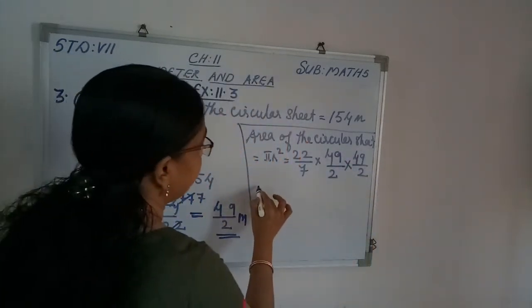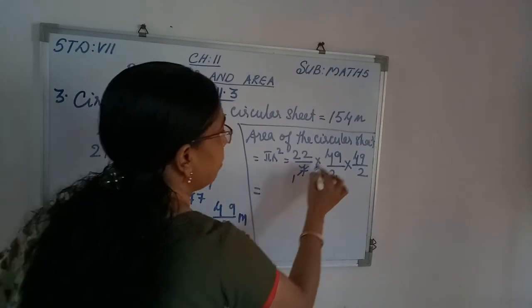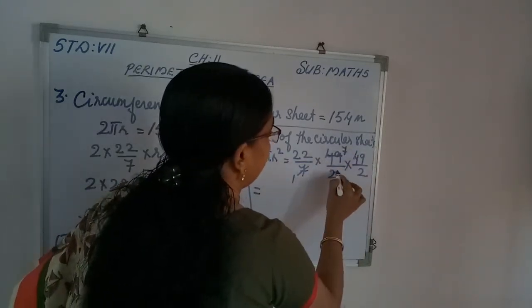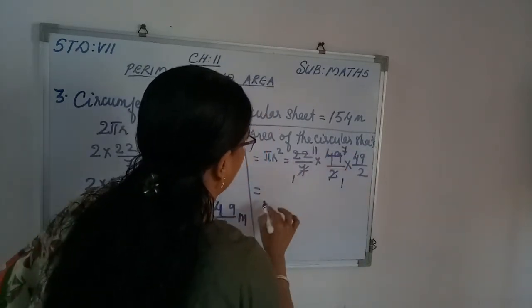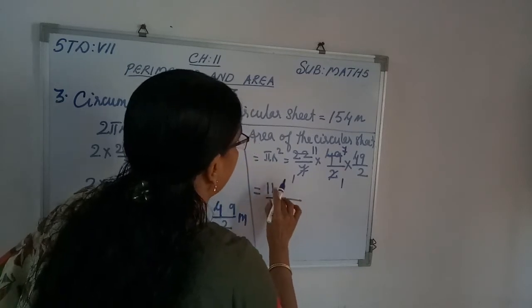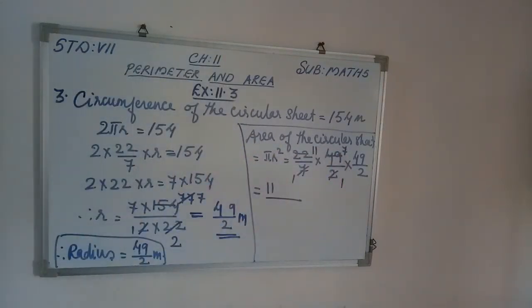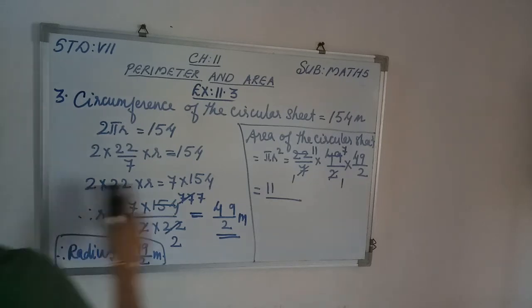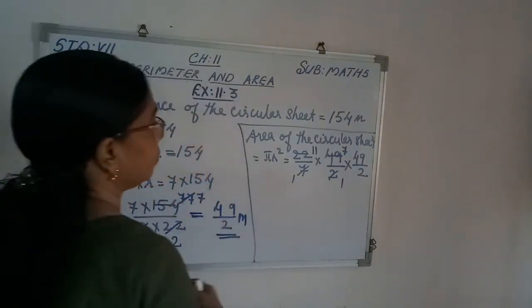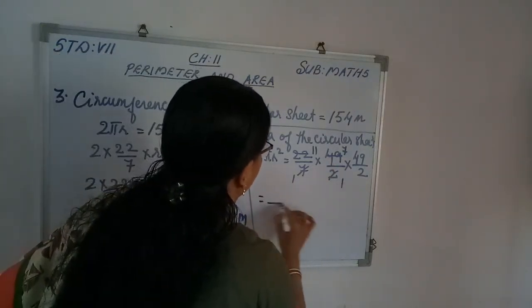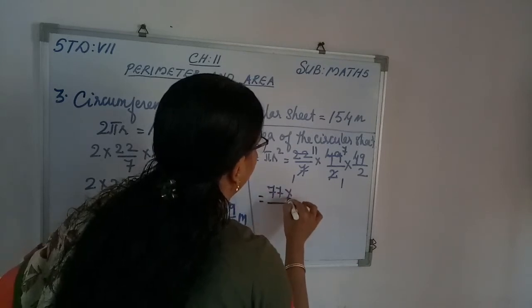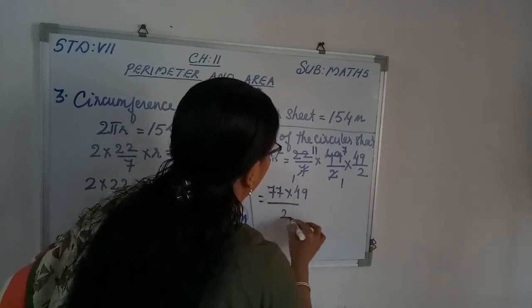Isn't it? That's equal to 7 ones are 7, 7, then 2 ones are 2, 11s are. So we can 11 into 7, 77. That's equal to 77 multiplied by 49 upon 2.